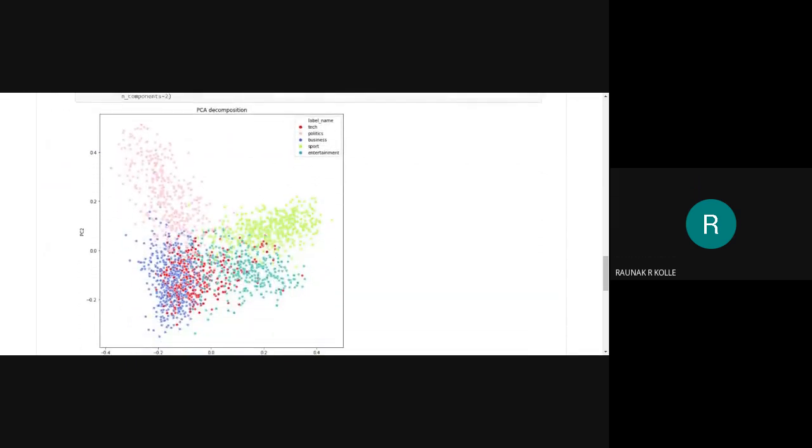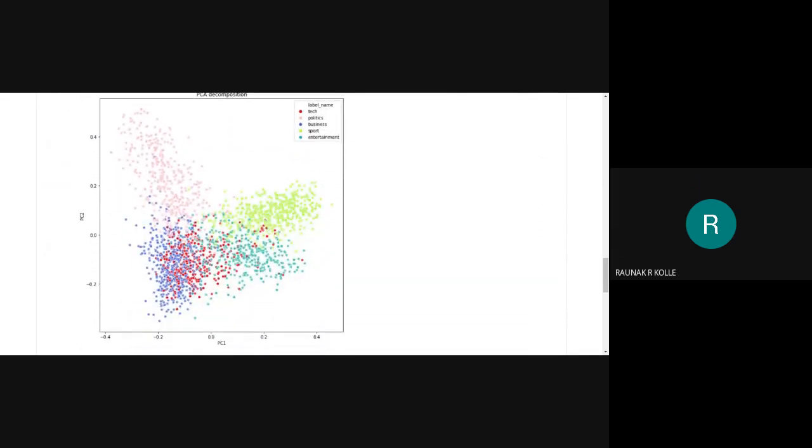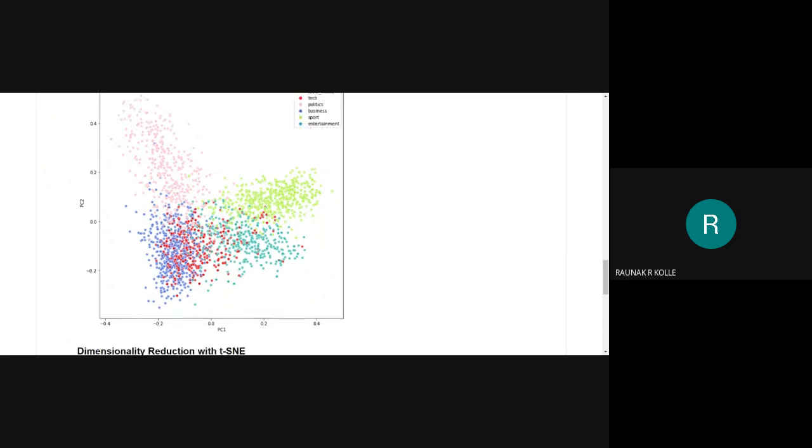From the PCA model, this is the graph we formed for PCA decomposition, where the red spots refer to the technology category, the pink spots refer to the political category, the dark blue spots, which are seen on the left side of the graph, refer to the business category, the green spots refer to the sports category, and the light blue spots on the right side of the graph refer to the entertainment category.